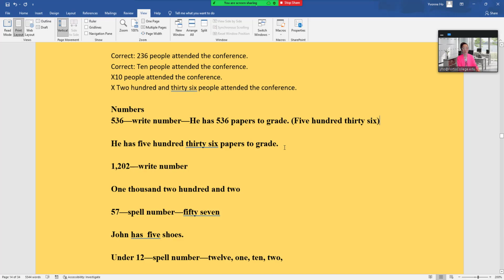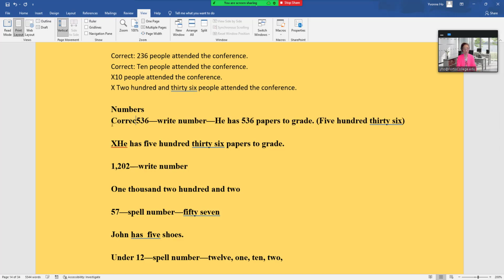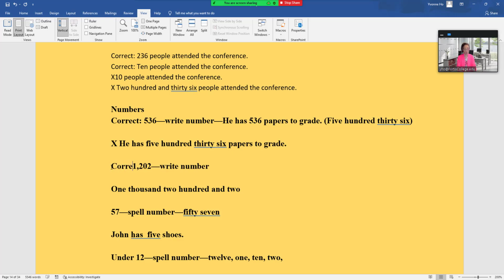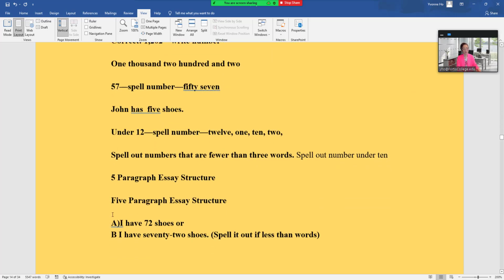However, if I simply say 30, he has 536 papers to grade, and so this is wrong, and this one is correct. All right, so this one is wrong, and that's correct. And same thing with this. We write out the number when it's long.